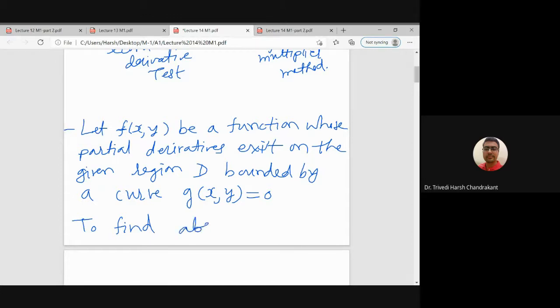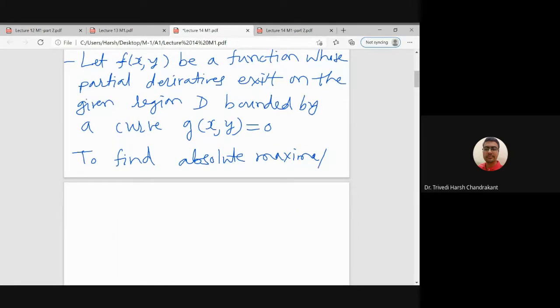To find the absolute maximum and minimum of the function f on the region D, what we do is, the method is the same as this one.